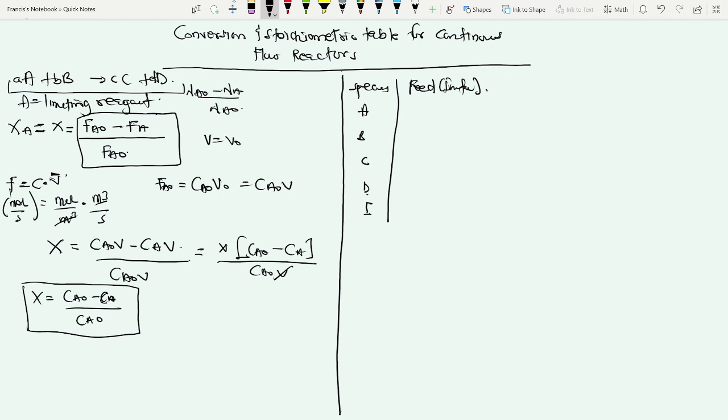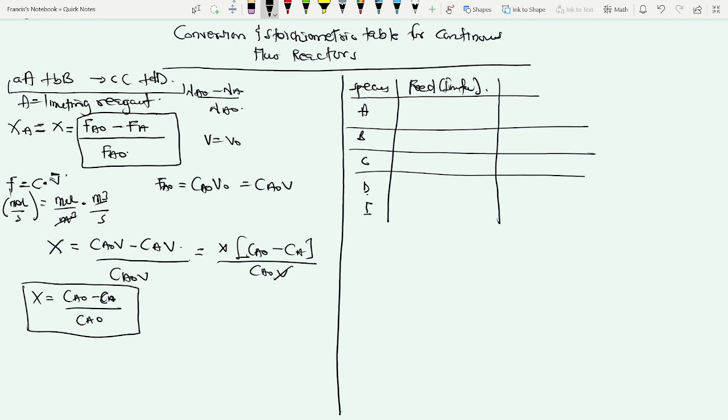because we are looking at continuous flow reactors, for batch reactors we used Na0, right? But because you are looking at continuous flow reactors, we are going to look at the flow rate. So we are not going to look at moles. So A becomes FA0. That will be the initial flow rate of A entering the reactor.